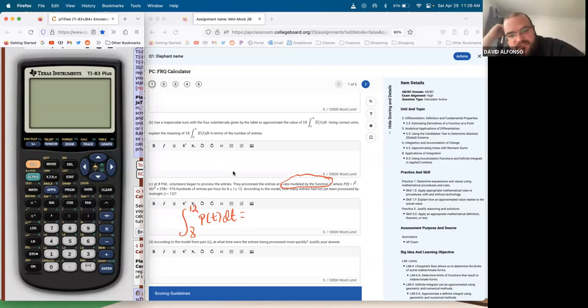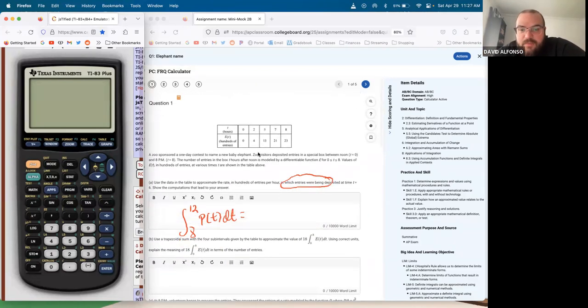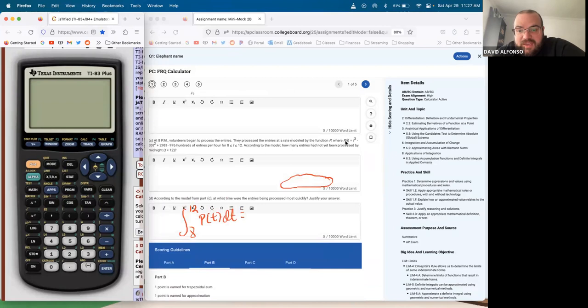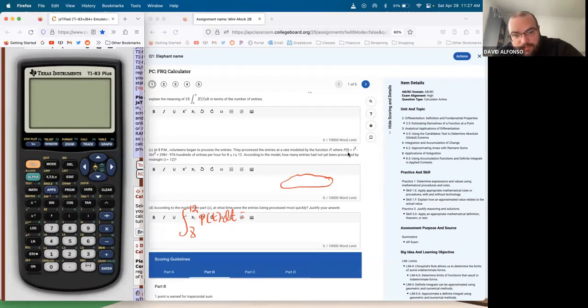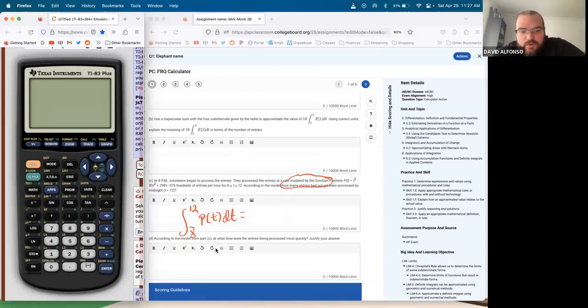No, remember what E of t represents? E of t is from 0 to 8, and E of t represents the amount of entries from 0 to 8. P of t represents the rate at which entries are being processed by the employees from 8 to 12. So what would this represent? Now, P is a rate. So what would this here represent?